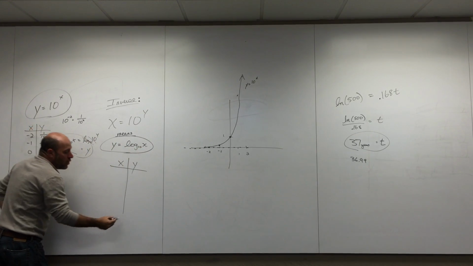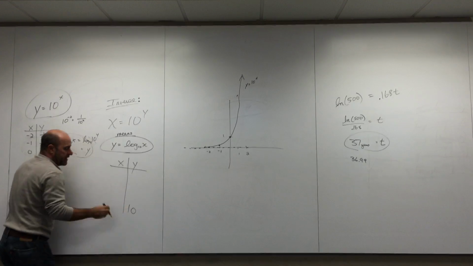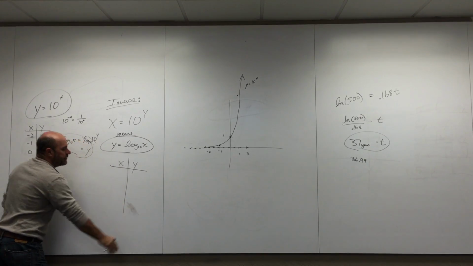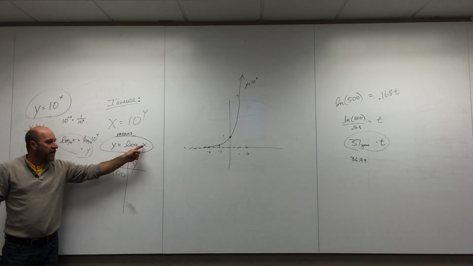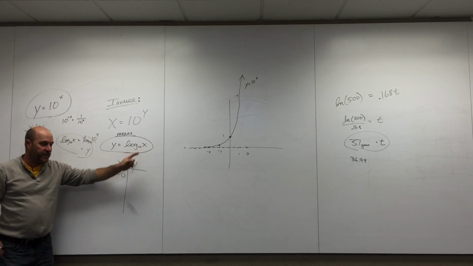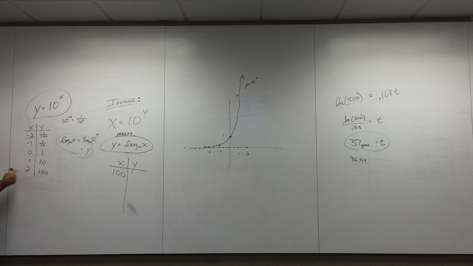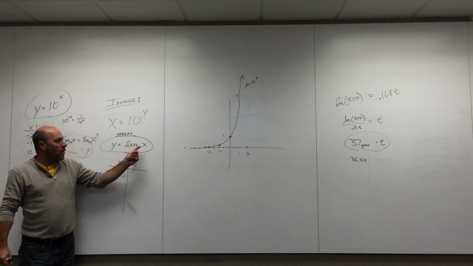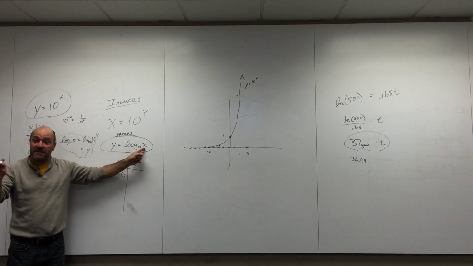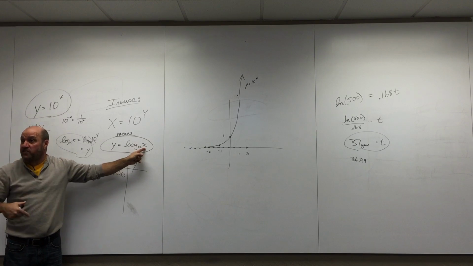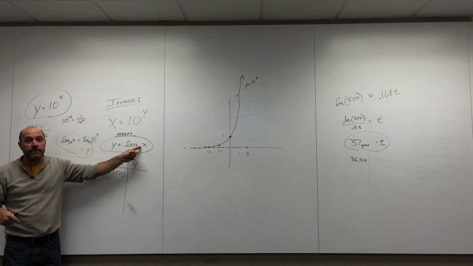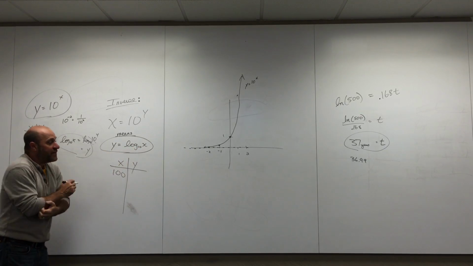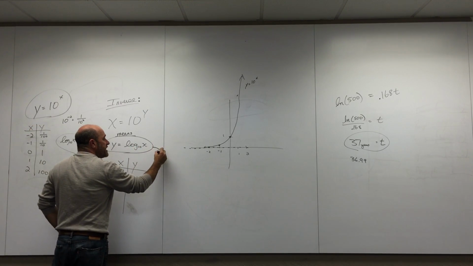Watch what happens when you plug in 100 for x. You know the answer because you're looking over here, but you're plugging in the 100 and you're asking yourself, what is the exponent that you put on 10 in order to get 100? That's what you have to say to yourself. It's a long sentence.